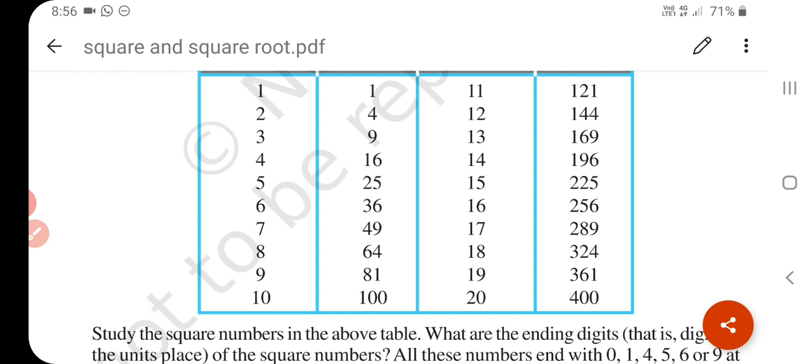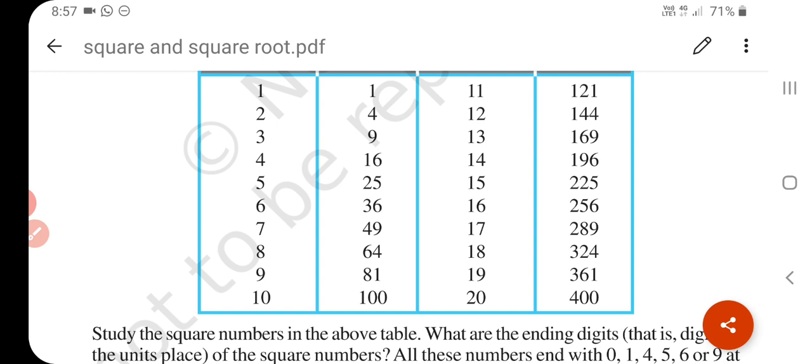When you square a number whose ones place is 6, your answer ends with 6. See here, 6 square means 6 into 6, that is 36. 16 into 16 is 256.